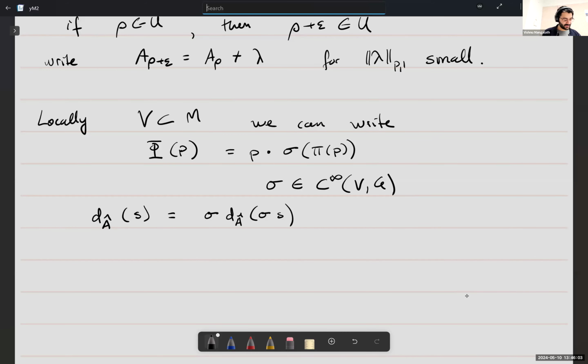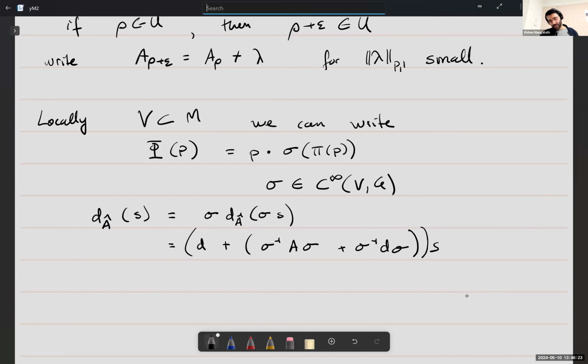For vector bundles, it's written like this, and that is equal to D plus sigma inverse A sigma plus sigma inverse D sigma applied to S.